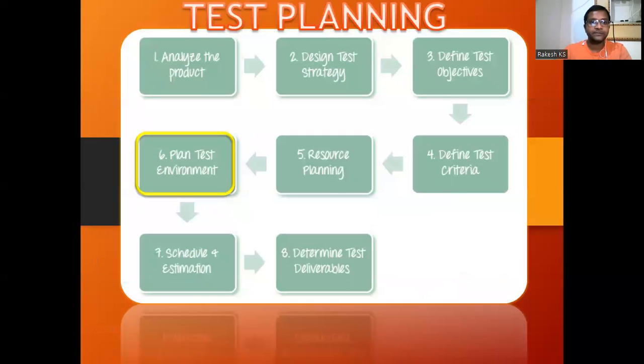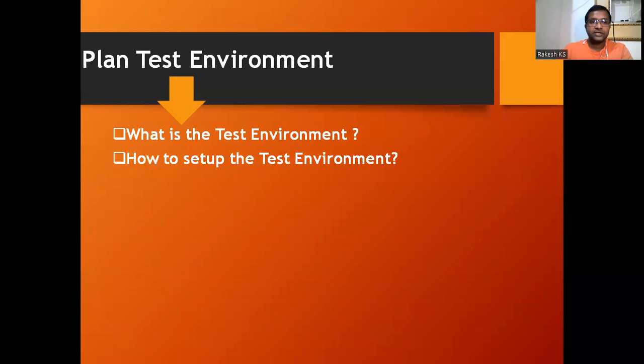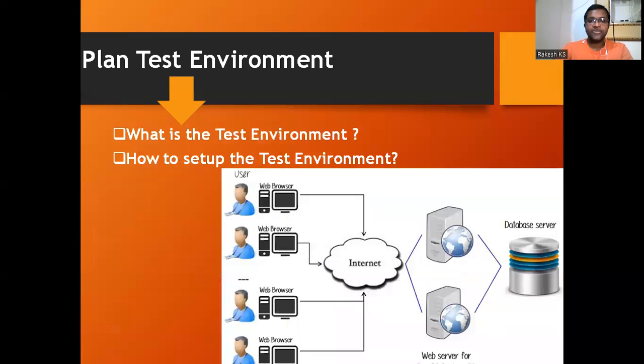Next, we shall see plan test environment. Before going to that, let us see what the test environment is first. The test environment is nothing but where the overall project or overall system, software or hardware, is laid upon, on which we are going to work.